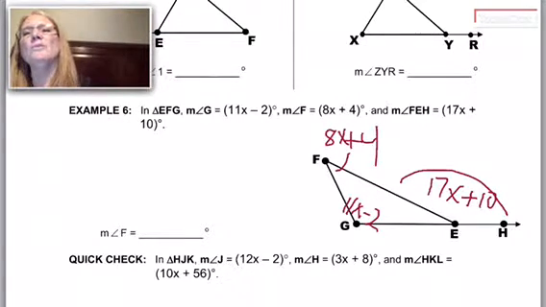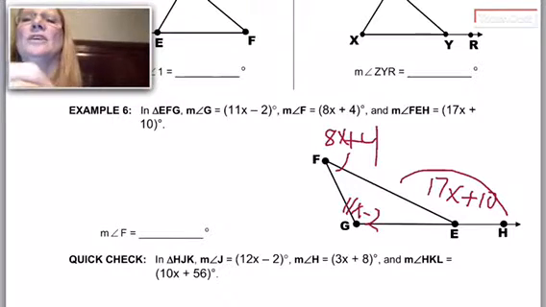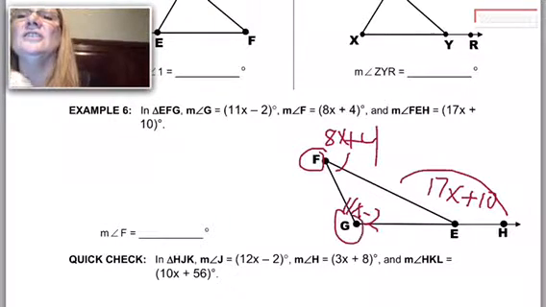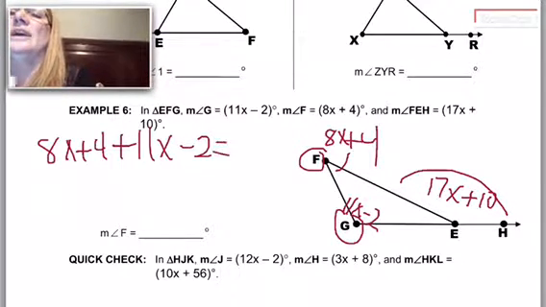So we can use the property above that told us when we add up the two non-adjacent interior angles, in other words, F and G, so we're going to add 8x plus 4 to 11x minus 2, and it is equal to the exterior angle, which in this case is 17x plus 10.